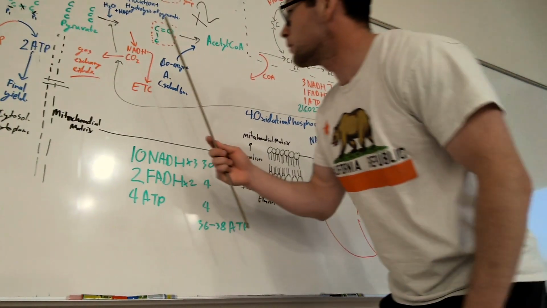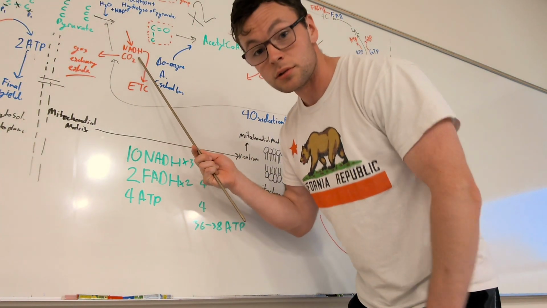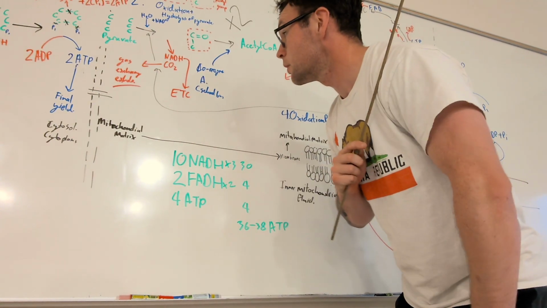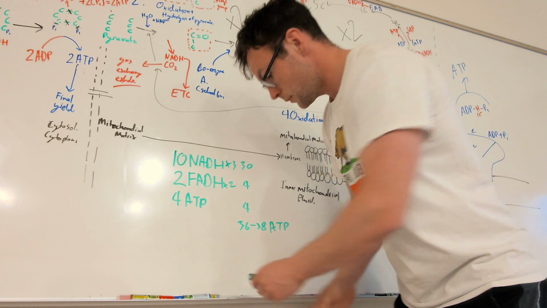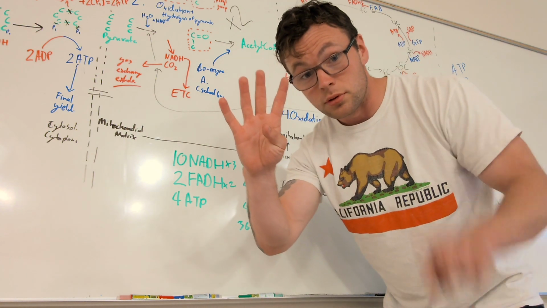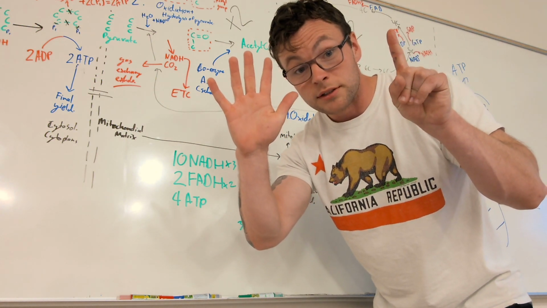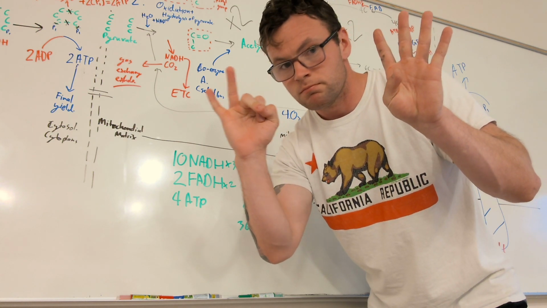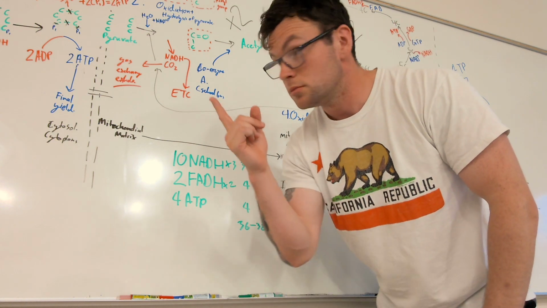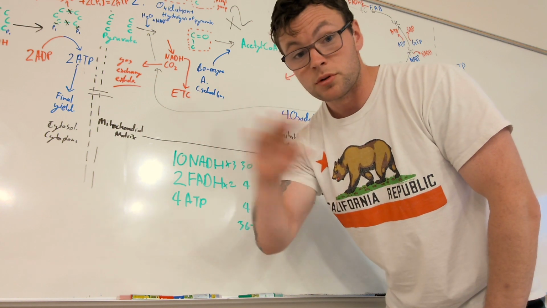Right? And then we've gotten 2 NADH from pyruvate oxidation. We've gotten 2 carbon dioxides. I know we had a hard time with this class. 4, 2, 6. 6 carbon dioxides. We had 6 carbons from glucose. They're all gone now. Brush your teeth, kids.